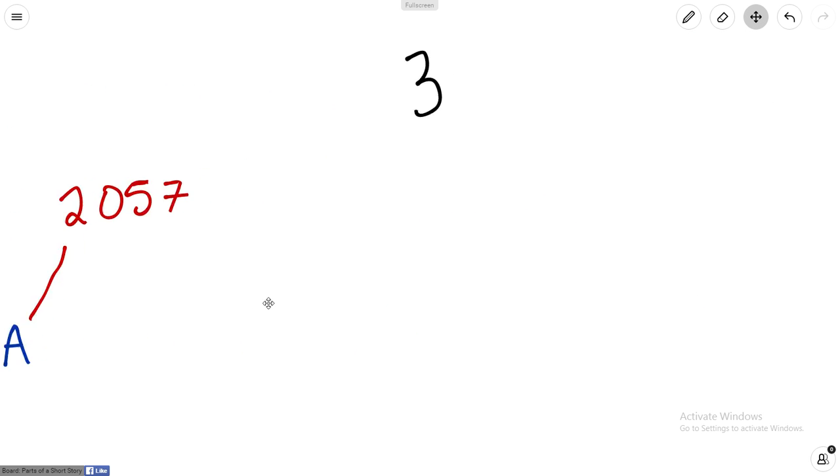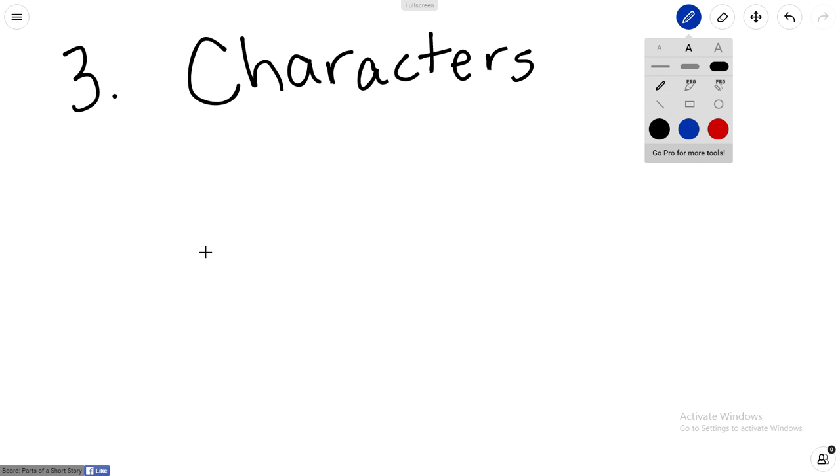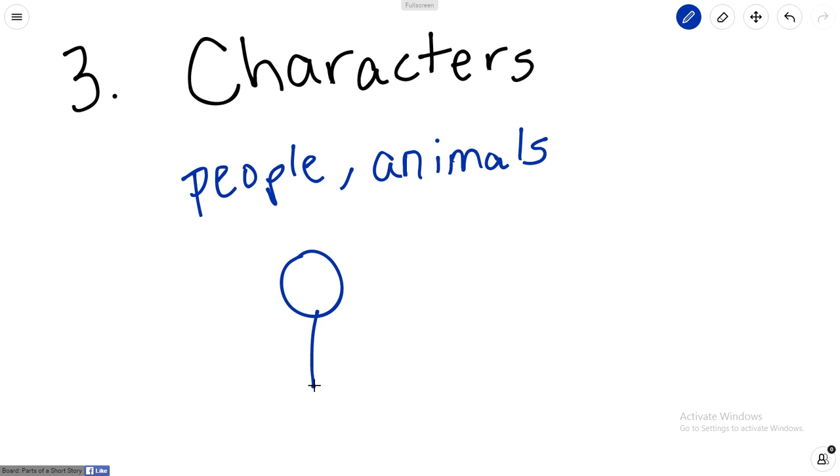All right, number 3, one of the easiest things, your characters. Your characters are, of course, the people or animals or objects that you animate in the action of your story. So, you're thinking about the action, it happens to your characters, okay? The second video of this series is going to be about the different types of characters.